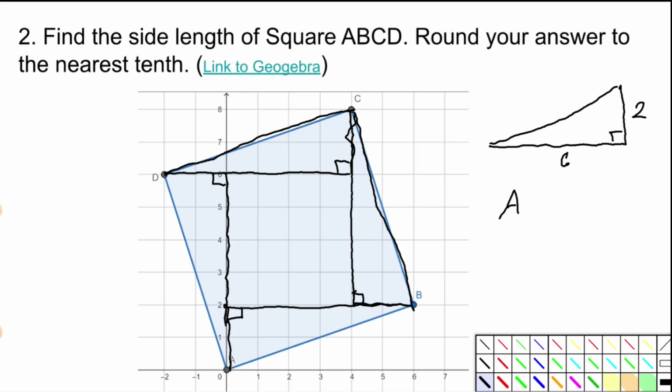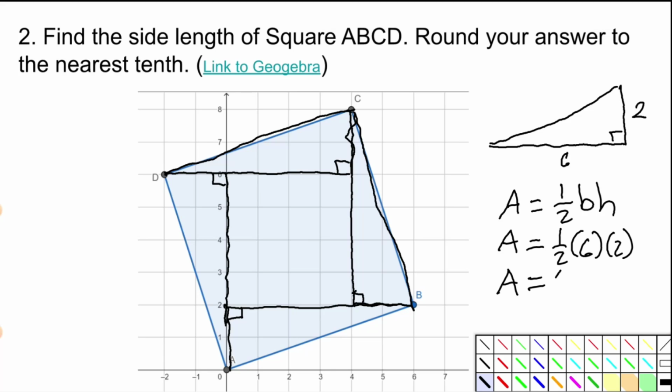The area of this one triangle is going to be 1/2 base times height, thanks to our con video. So my area is going to be 1/2 times 6 times 2, so that's basically 12 divided by 2, which is 6. So the area of this is going to be 6.